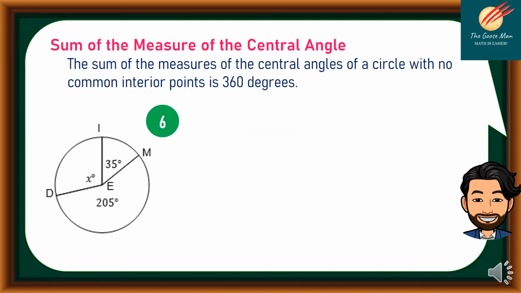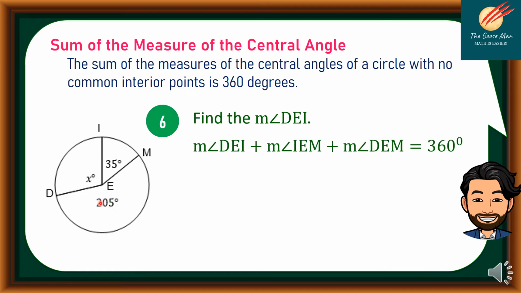On our next example, number 6, find the measure of angle DEI. This is the illustration. We have circle E. To find the measure of angle DEI, we will take the measure of angle DEI plus the measure of angle IEM plus the measure of angle DEM, which is equal to 360 degrees, because the entire revolution in a circle is equal to 360 degrees.